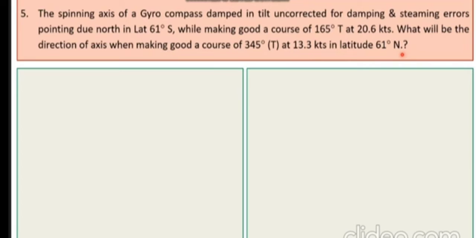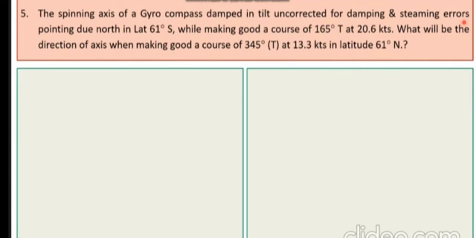Now at the first instance, the question looks a little surprising. Why surprising is because it is mentioned in the question that the gyro compass is uncorrected for damping and steaming errors. That means whatever heading or readings the gyro is giving us, the damping error and steaming error will be present there.